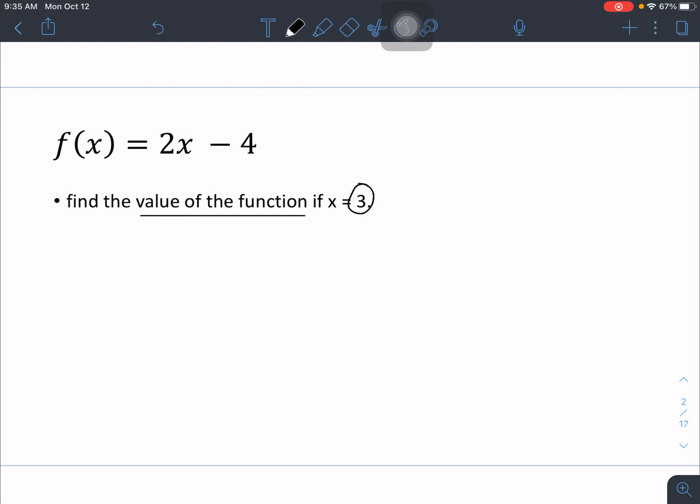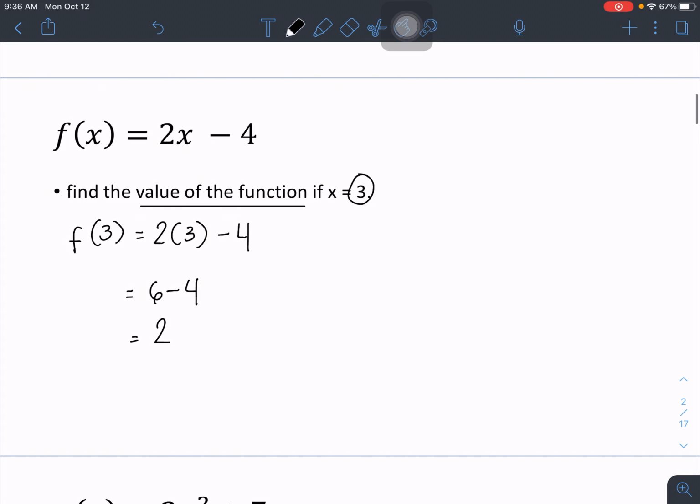For this, we just need to replace all the x's with 3. So replace all the x's with 3, minus 4. So this will be equal to 6 minus 4. Then the answer will be 2. Okay? Next one.